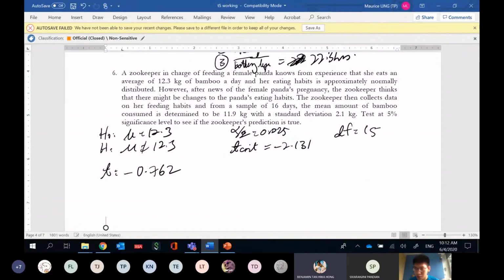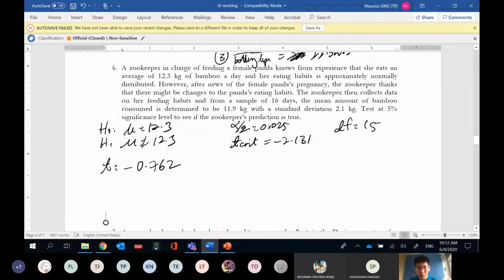But usually, to make your life easier, we take the absolute value for everything. So it's 0.762, and this is 2.131. So your conclusion? We do not reject the null hypothesis at 5% significance.